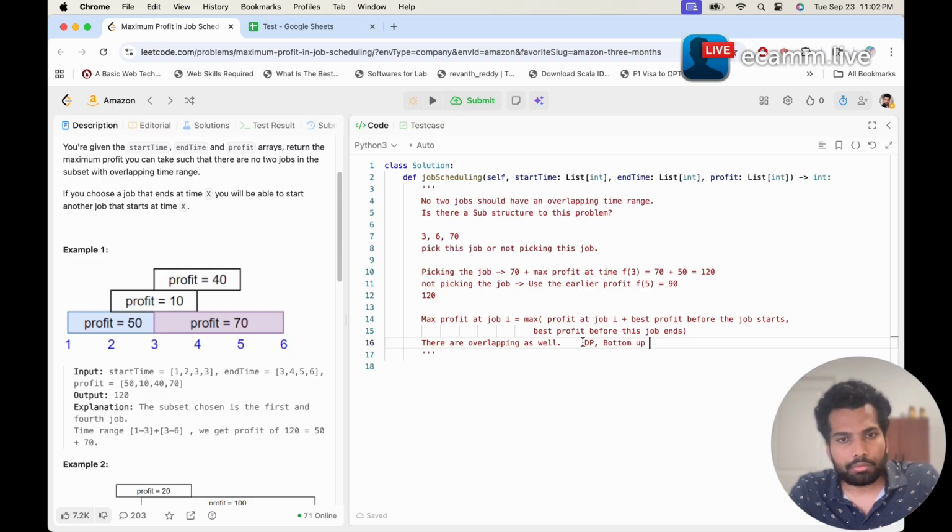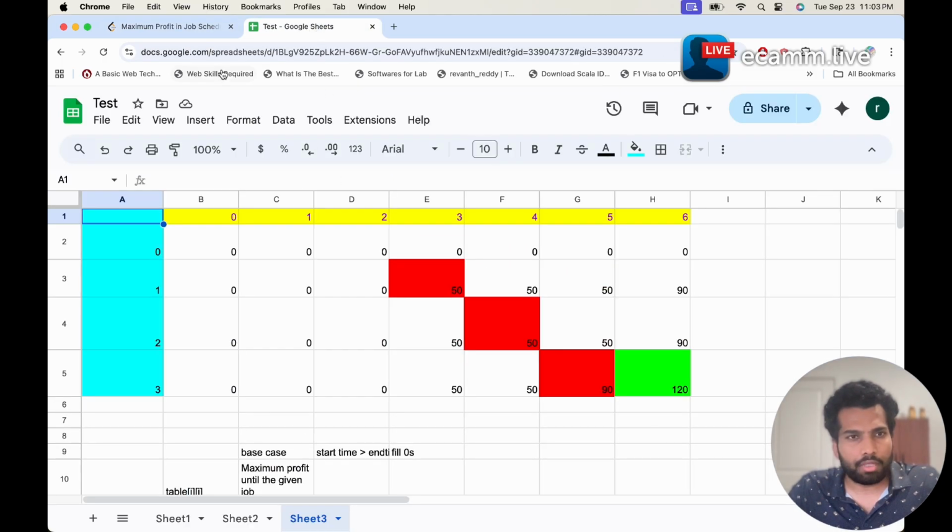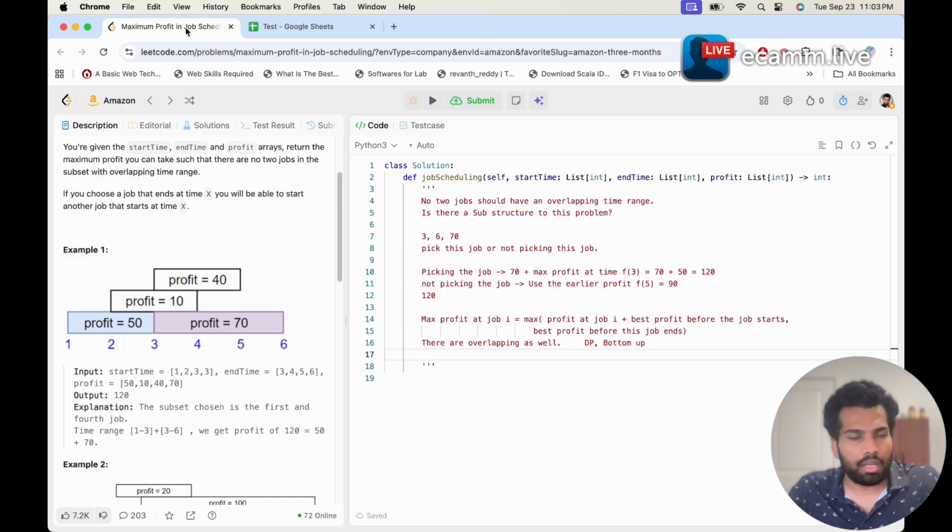So one of the approaches I could think of is just an initial intuition of the bottom up DP approach. Again, I don't know if this would be an optimal solution, but I just wanted to see how this initial intuition goes. Let's say we build a grid, the classic way of solving DP problems.